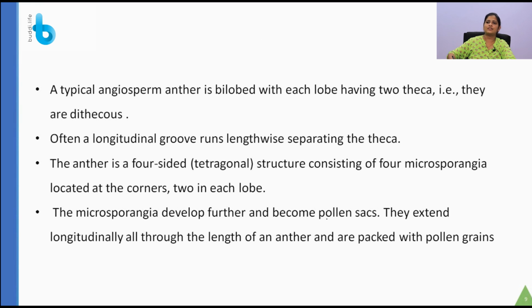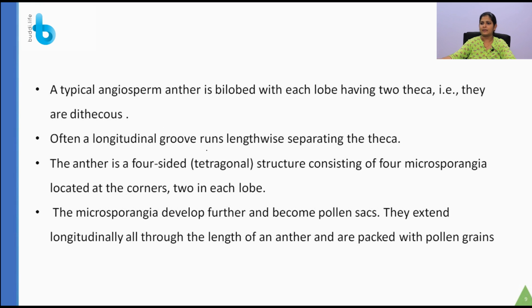A typical angiosperm anther is bilobed with 2 theca. I said lobules, but they are called theca, not lobules. Each lobe contains 2 theca, so the anther is called dithecous. A longitudinal line runs in between to separate these theca, called the longitudinal groove.